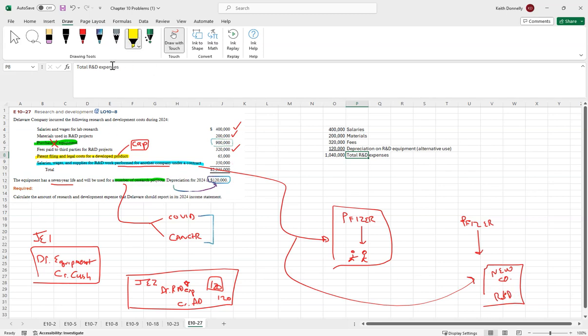In those situations, where we're performing R&D for another company, for Pfizer, those costs are going to be capitalized and essentially become part of inventory, and then expensed as cost of goods sold when revenue is recognized at the completion of the contract, or as revenue is recognized over the life of the contract based on the percentage of completion.